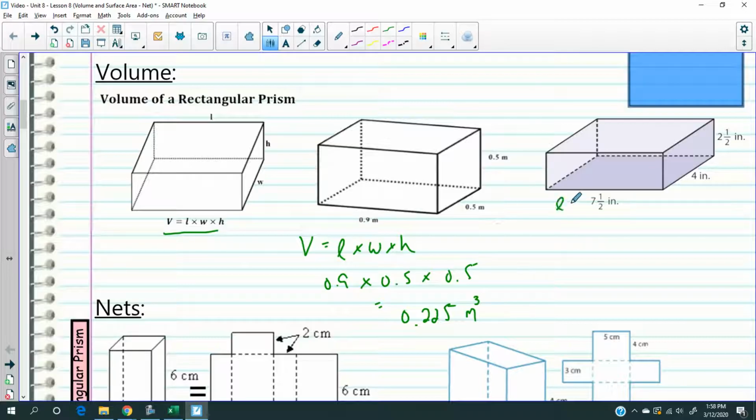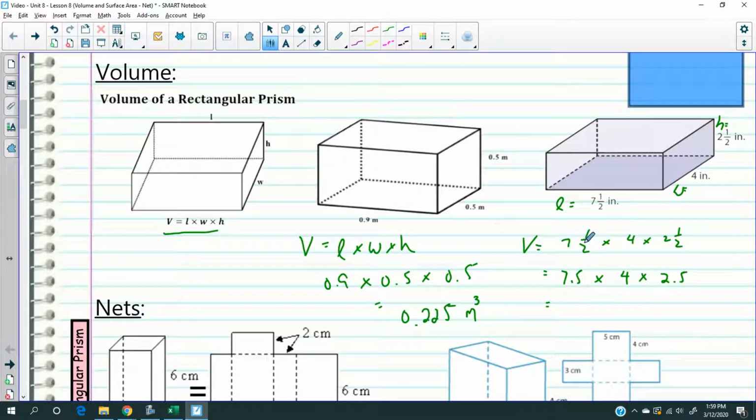Okay, let's try the next one. Again, length, width, and the height. So you multiply these three together. So 7.5 times 4 times 2.5. Now, feel free to turn these into decimals, okay, just to help facilitate the calculations. And so that's what I'm going to do, all right?